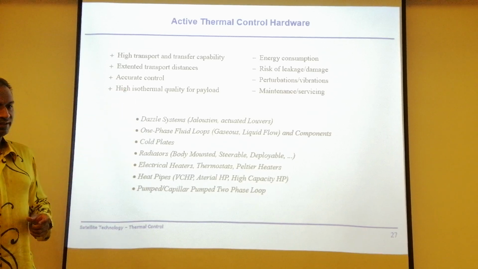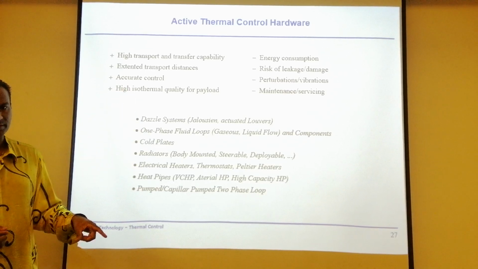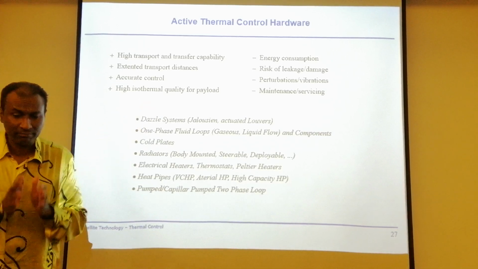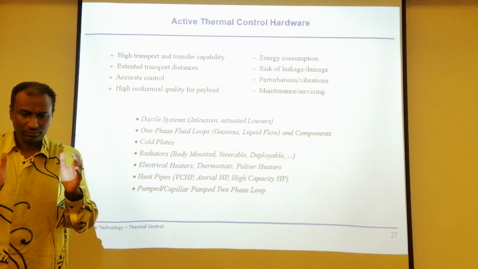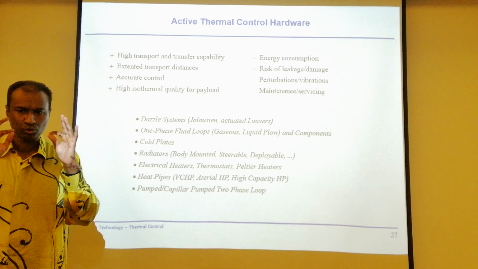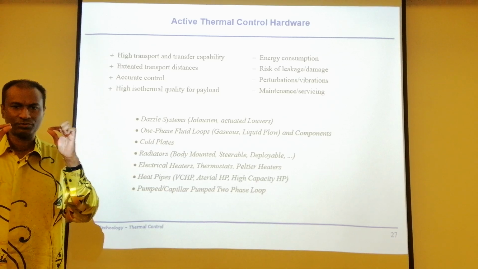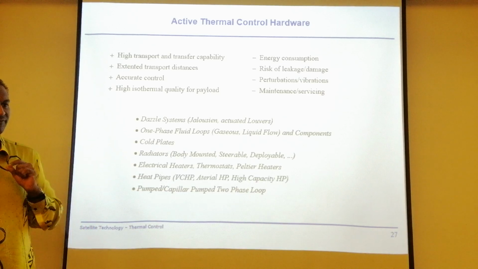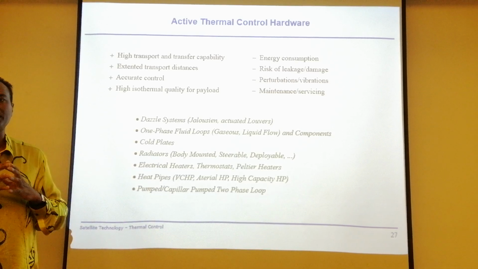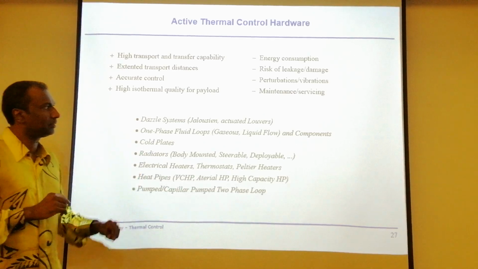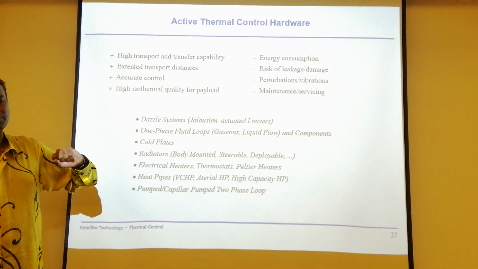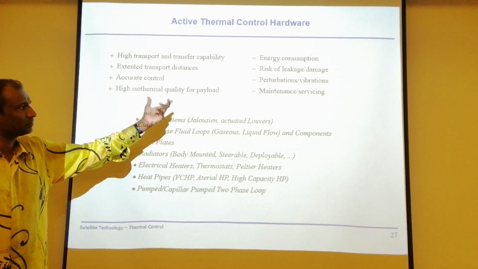Accurate control: you will have devices, so the fluid flow will be controlled. High isothermal quality. Isothermal quality, that means what? For your payloads, the temperature variation is so tight, so minimal. So if you have a very tight plus-minus temperature requirement to maintain, maybe optics for example, then active control is important.